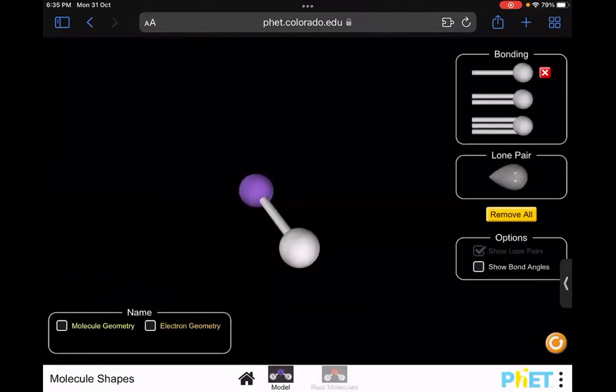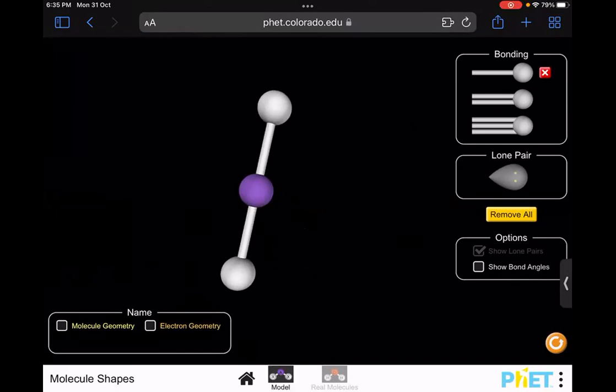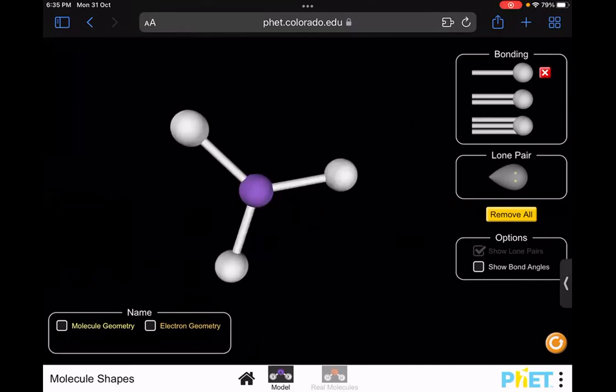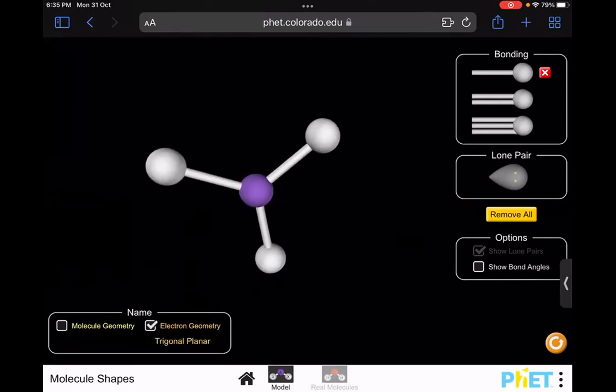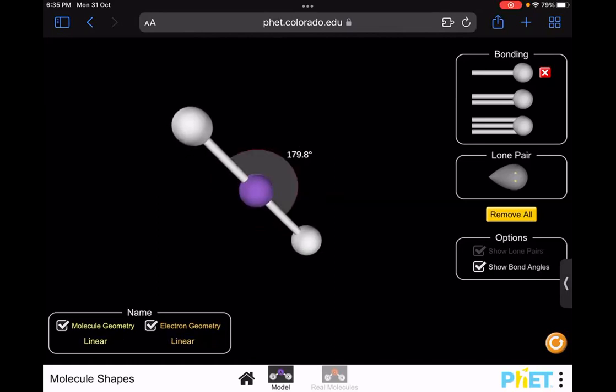So now you have the central atom. If you have 1, 2, linear. Am I right? Then 3, what is the shape? Triangular. You are removing 1, what is the shape?